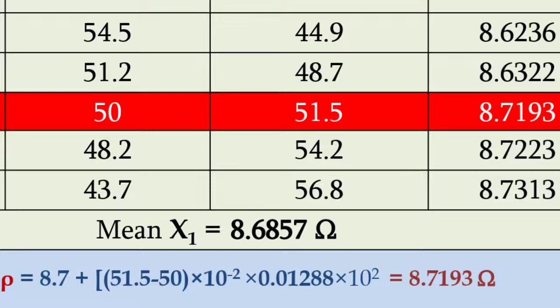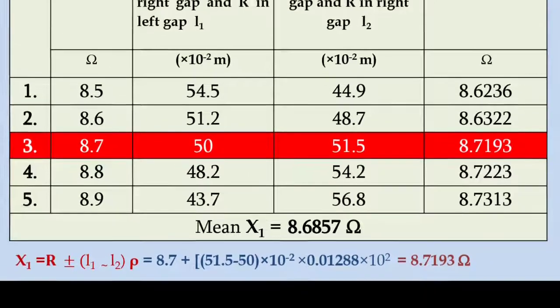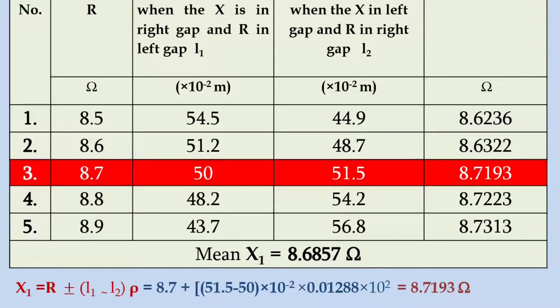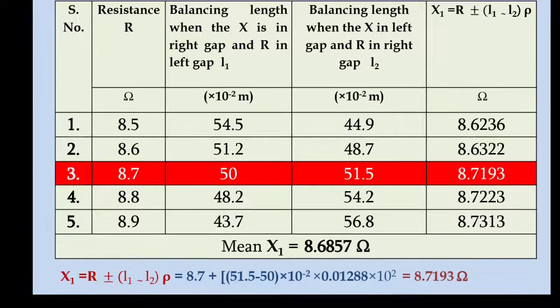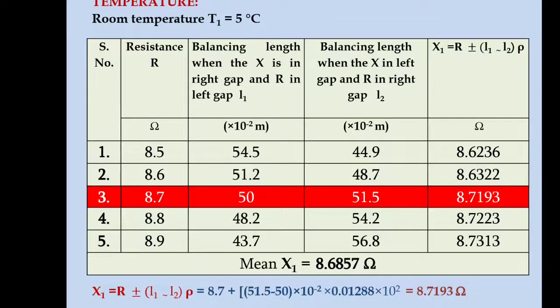When you multiply these two numbers, you will get 0.0193, that is added with 8.7 to get 8.7193 ohm.